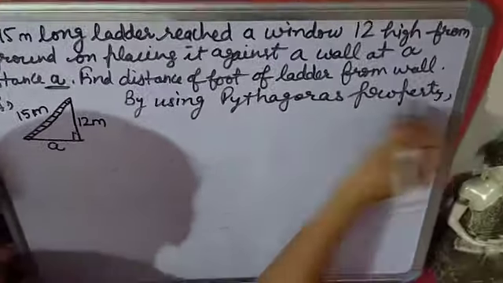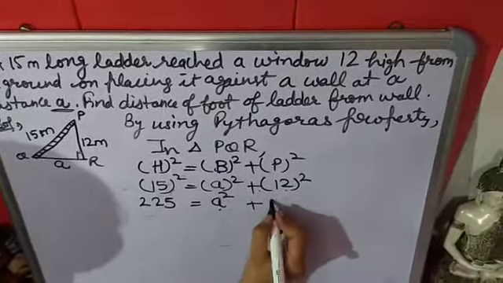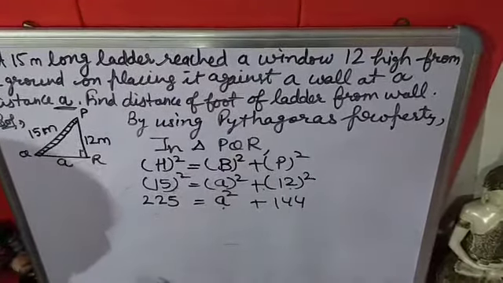Now what is the square of 15? 15 into 15 is 225. You have to find from here the value of A. 12 square is 144. Now 144 will come to that side. It will be minus. Here A square is left. Do subtraction. 81 will come.